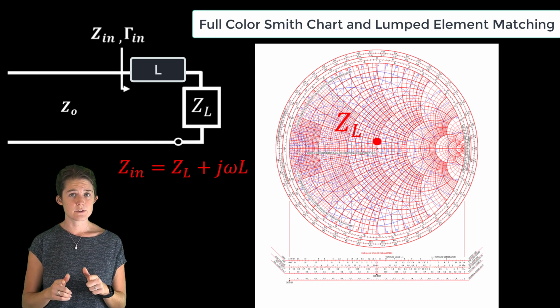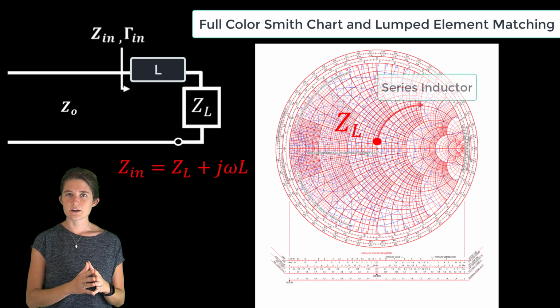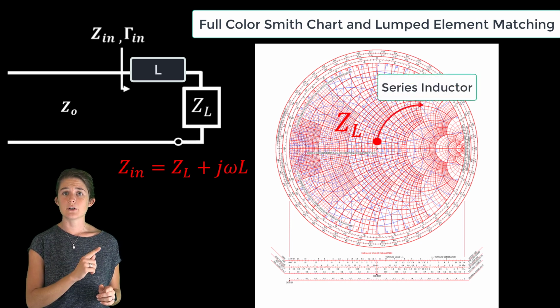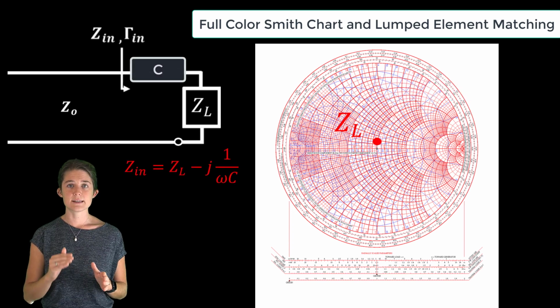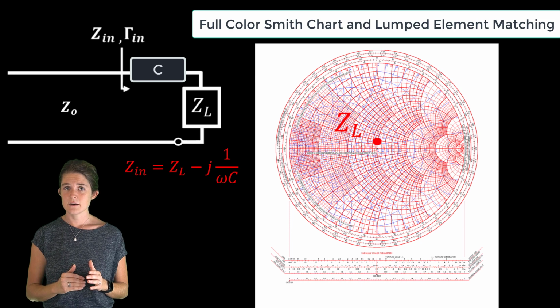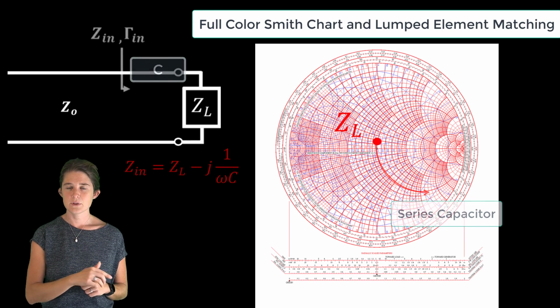But the resistance, the real part, will not change. So adding a series inductor will move us upward around a circle of constant resistance. If we instead add a series capacitor, its reactance is negative j over omega C. So adding a series capacitor will move us downward around a circle of constant resistance.